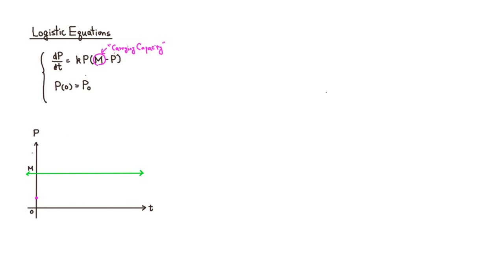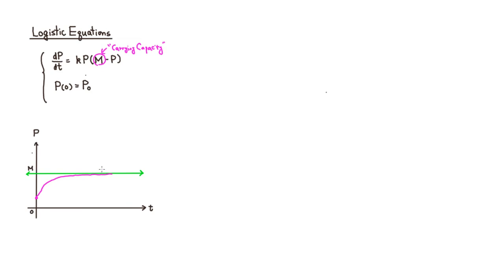As population gets closer to M, the rate of change is going to die down, get closer to 0, so it's going to flatten out. So the population is going to behave like this. Initially it's going to grow kind of fast, but as it gets closer to M, it flattens out like that.